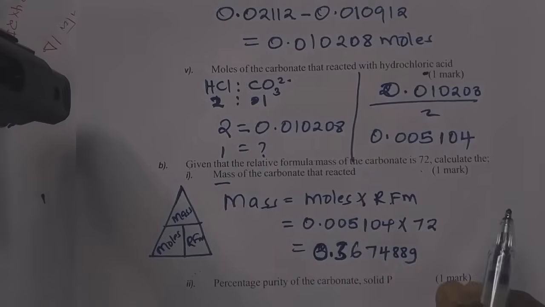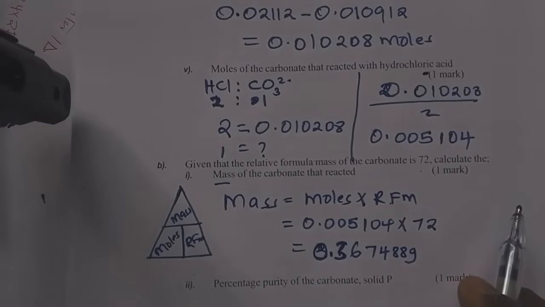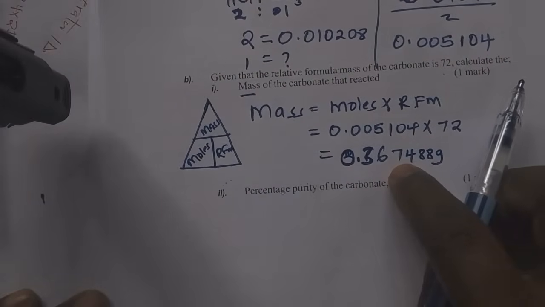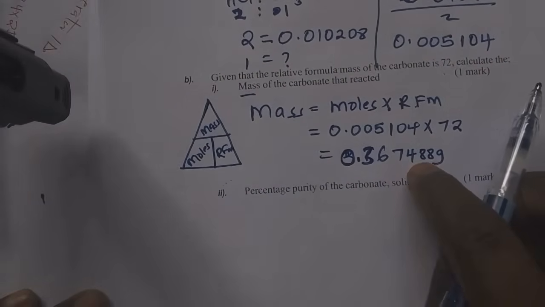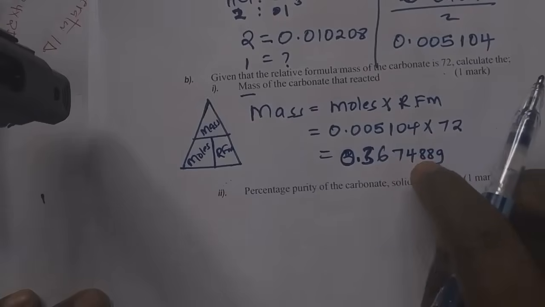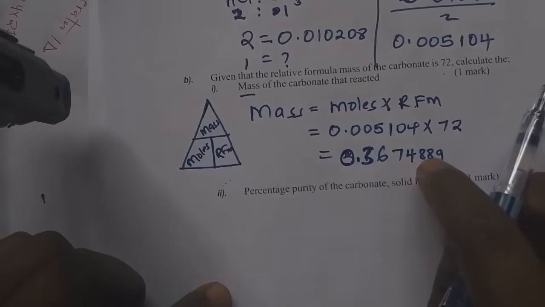But remember, the total mass of the solid P was 0.5. So the percentage purity, this is the one that reacted, meaning it was the pure one that reacted with this. The impure one is the remaining 0 point something. But now we want the percentage purity.